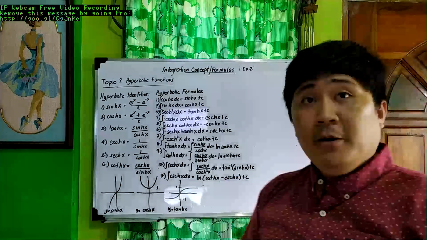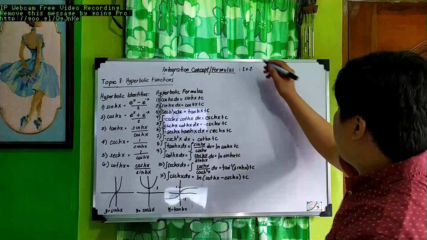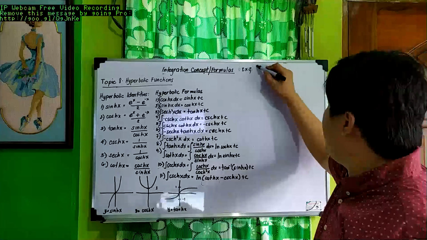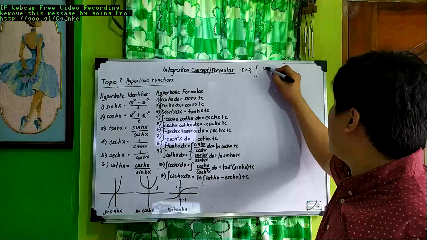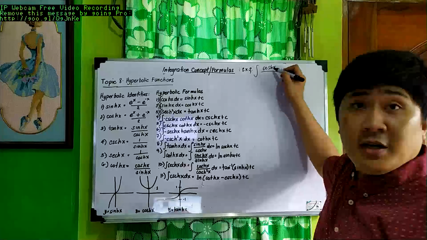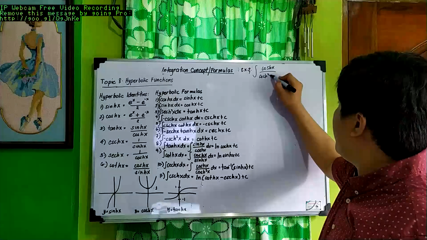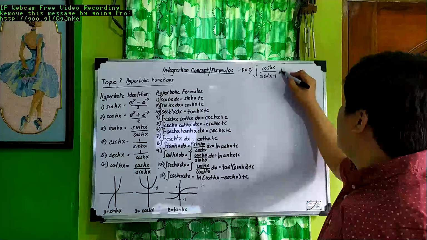Now let's try example number 3. Let's have the integral of cosine hyperbolic x over cosine hyperbolic squared x minus 1 dx.